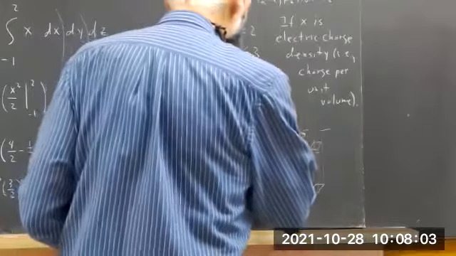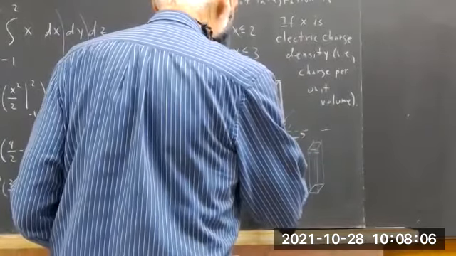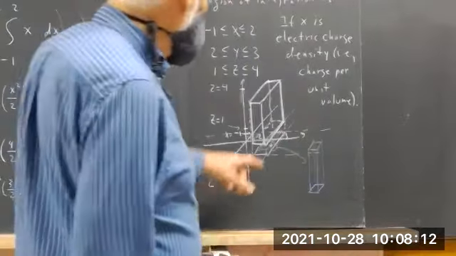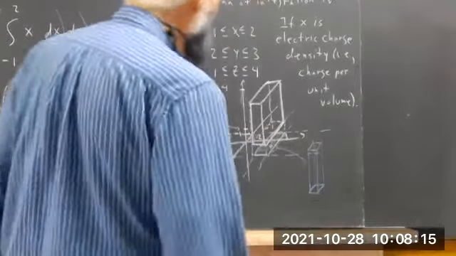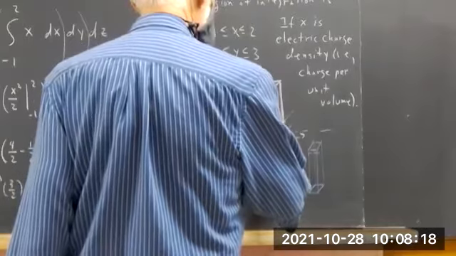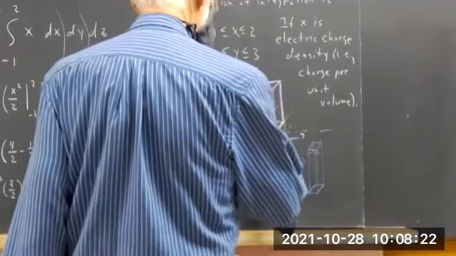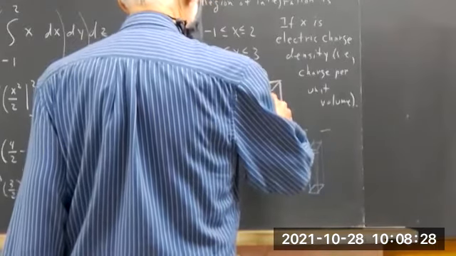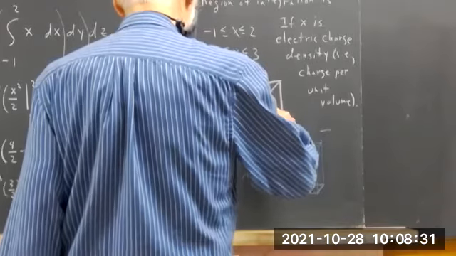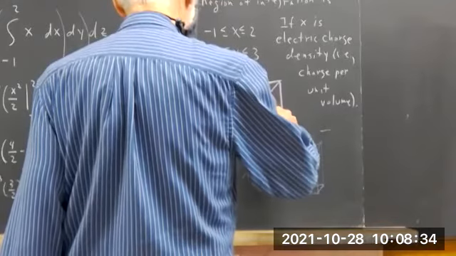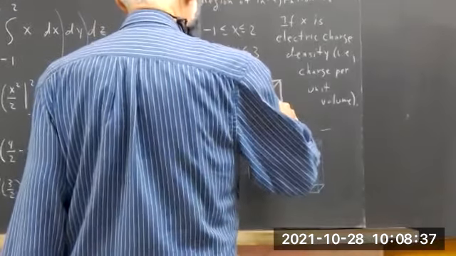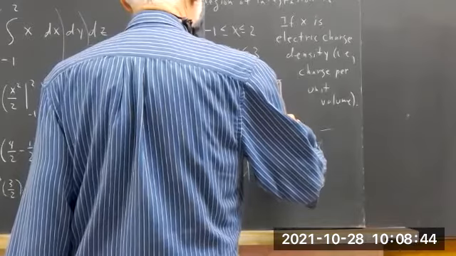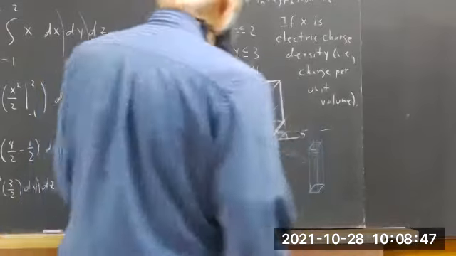So if this corresponds to, let's say, this little rectangle here, then what's above this little rectangle is going to be one of these things. Kind of like here. Just like this.